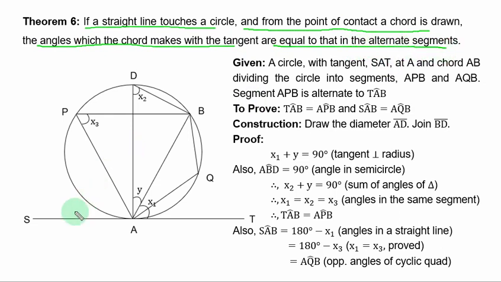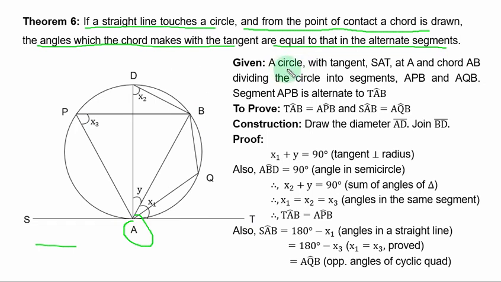In this diagram, SAT is a line with point of contact at A. Then you have a chord AB. So this angle S1 is equal to the angles in the alternate segments S2 and S3.